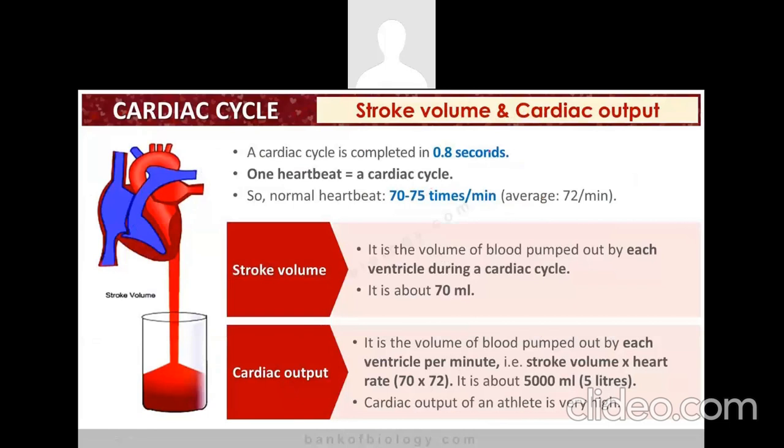We'll get into the concepts of stroke volume and cardiac output in the next video.